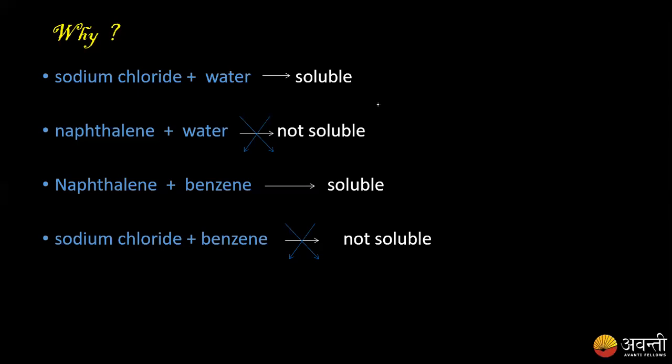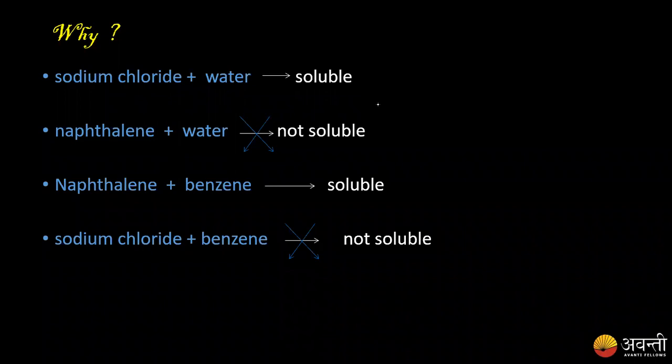There is polarity in sodium chloride because there is positive charge on one side and negative charge on the other side, and if positive and negative charge are separated from each other, then they create a dipole. You might have studied that in electrostatics also, right?